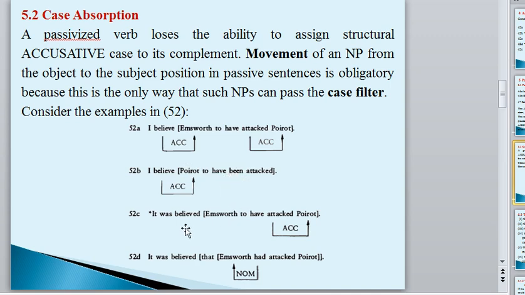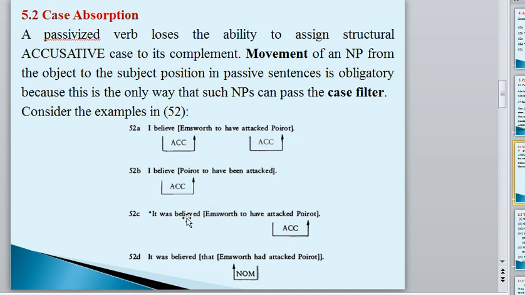Look at another example. It was believed Emsworth to have attacked Poirot. Here the verb can assign accusative case to Poirot, but Emsworth, the NP, cannot be assigned case by the verb, because this is a passive verb. It was believed cannot assign case to Emsworth, so this is ungrammatical. Why? Because this NP doesn't have case.